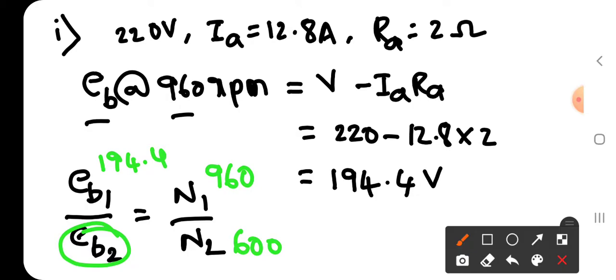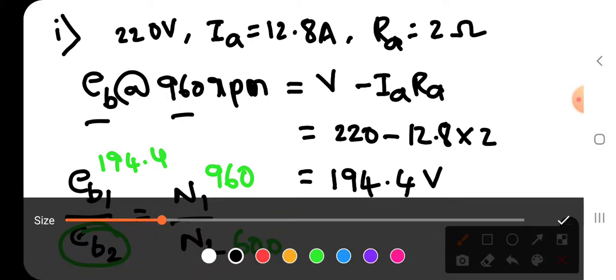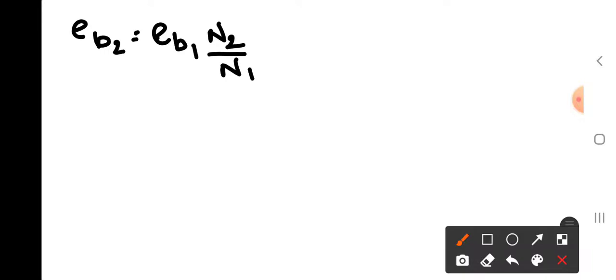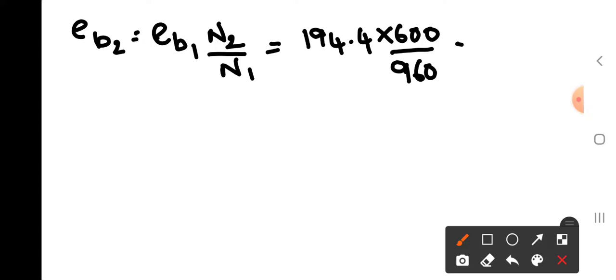So EB2 equals EB1 into N2 by N1, which is 194.4 into 600 divided by 960. This voltage is around 121.5 volts.